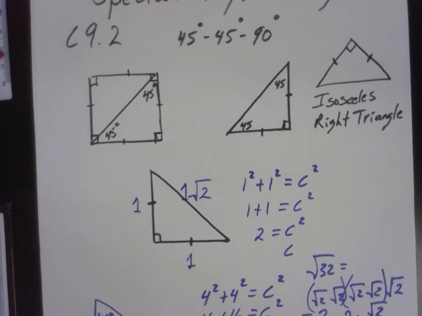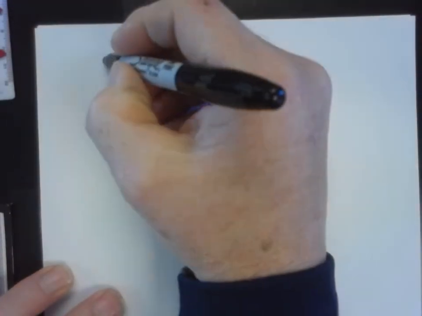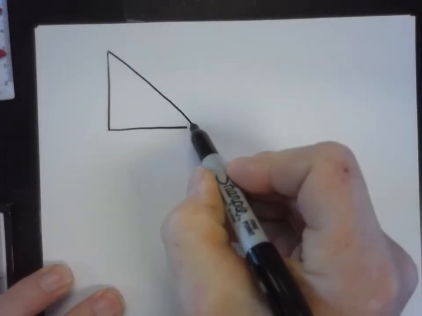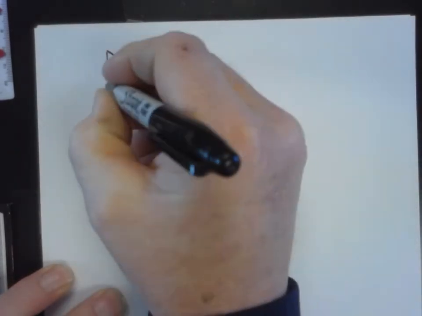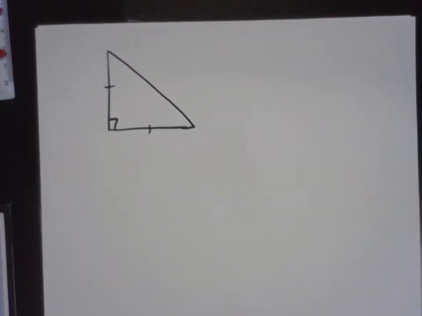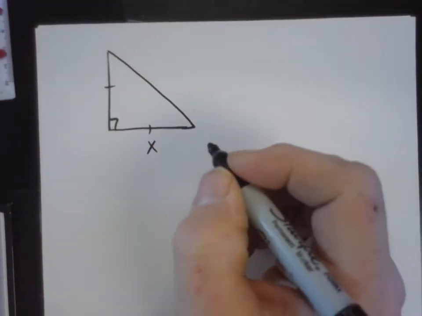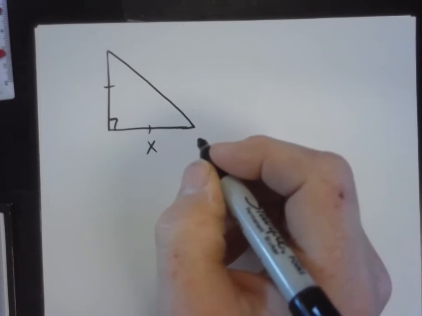And so in general, this is the good bit that you really need to have in your notes. In general, if we have a 45, 45, 90 triangle, and the leg is x, what's the other leg? x.